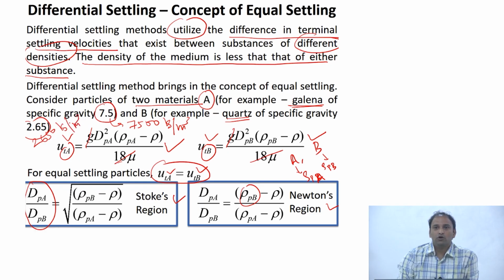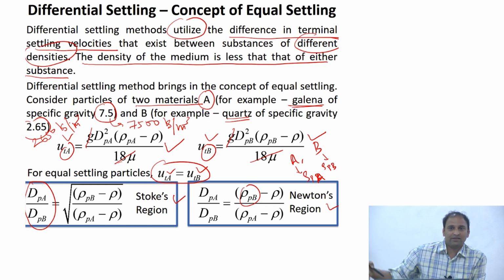Now look at any fluid, like water, density is 1000. Now go back and take a look at the list of fluids and the densities. It will be very difficult to find a fluid with a density more than 2.65. Of course, there are ways by which I can manipulate the density of the fluid.